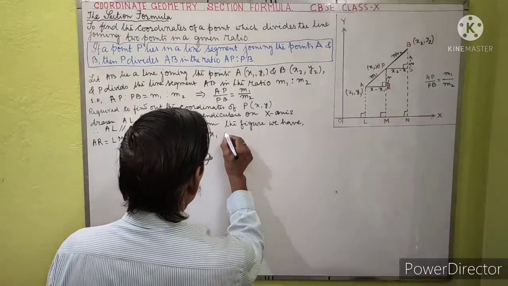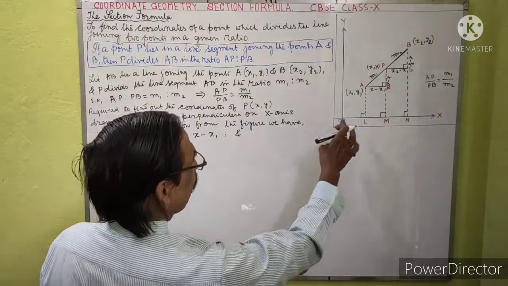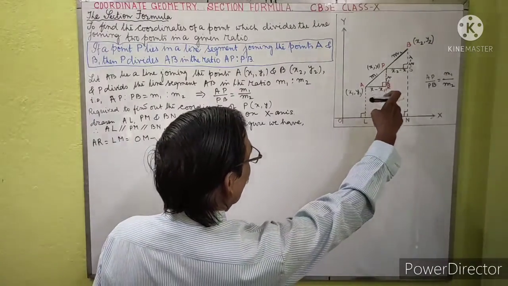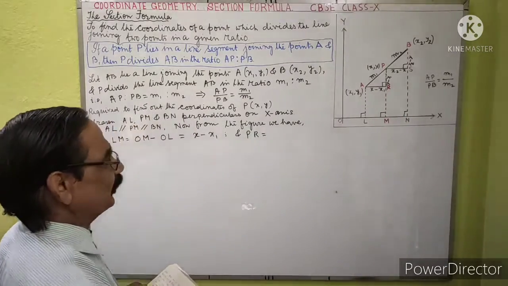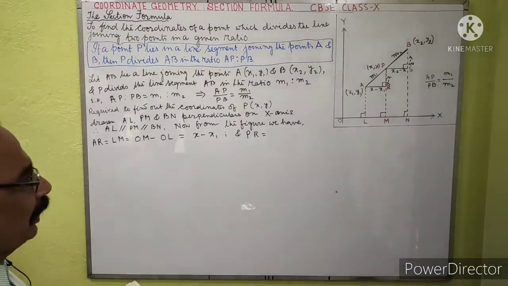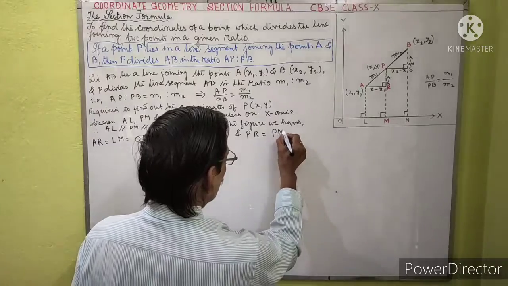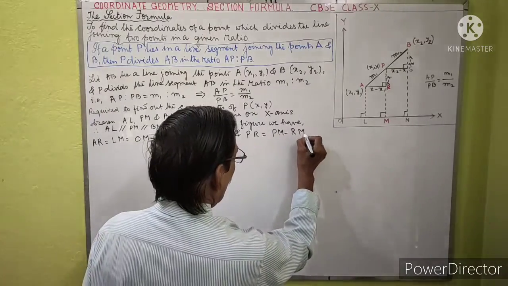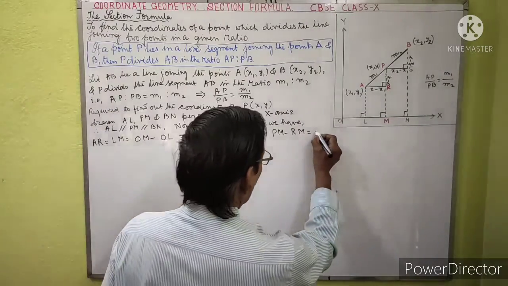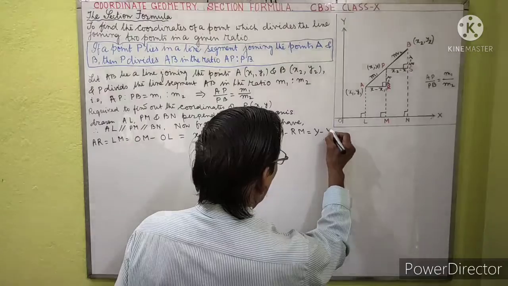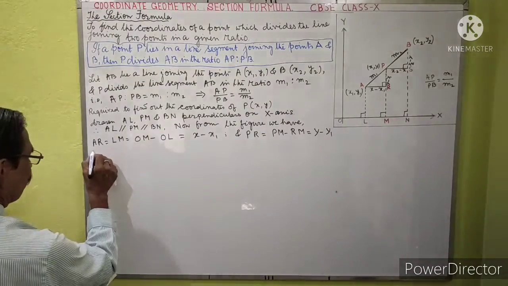And PR equals PM minus RM, where PM equals y, so PR equals y minus y1.